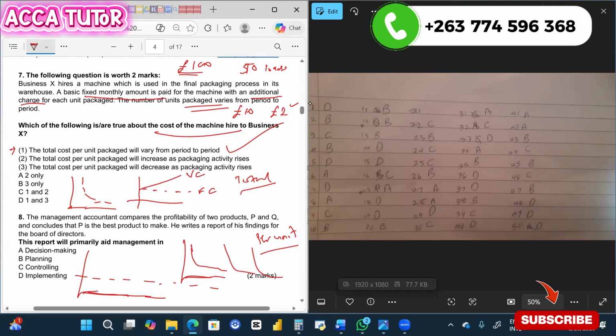The total cost per unit packaged will increase as the packaging activity rises. Is that true? No. I said the cost per unit. Remember, the cost per unit is going to decrease.